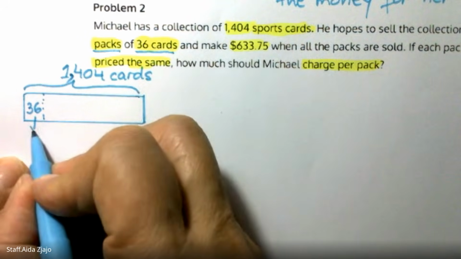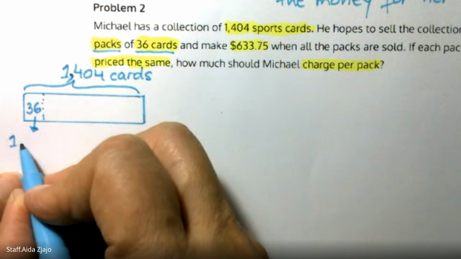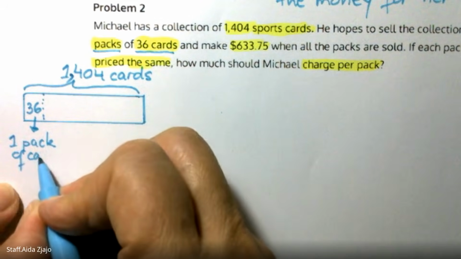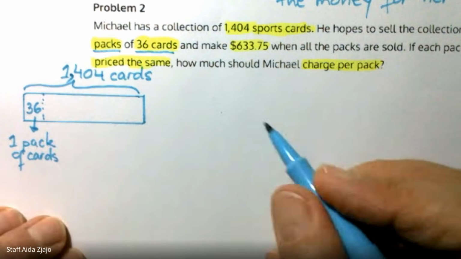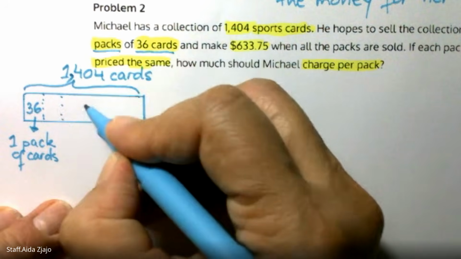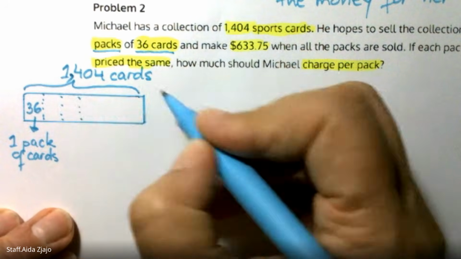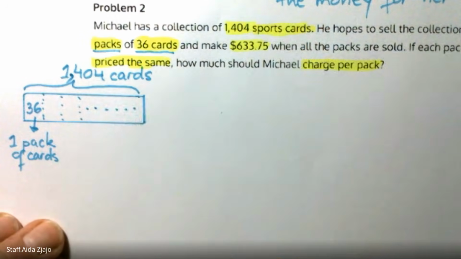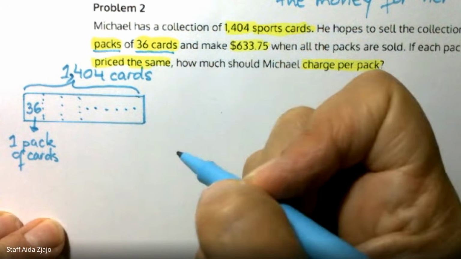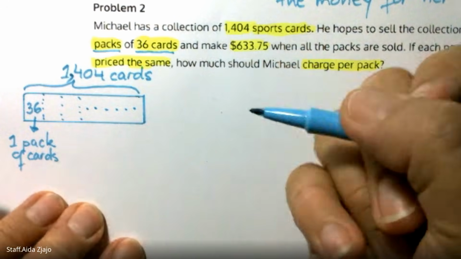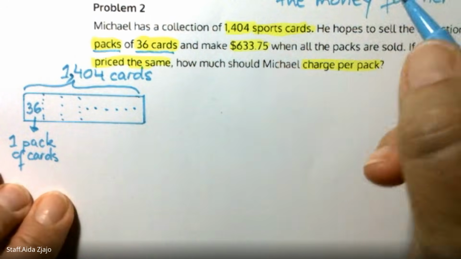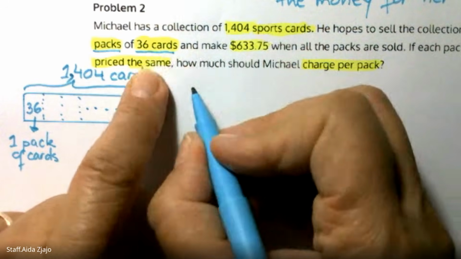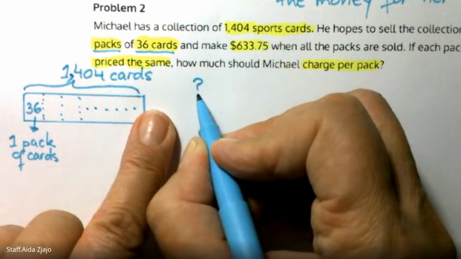So this will be one pack of cards. But we don't know how many of the same units, how many packs he can make in this whole 1,404. So what that tells you is that your equation looks like this. If you have 36, we don't know how many groups we're going to have.